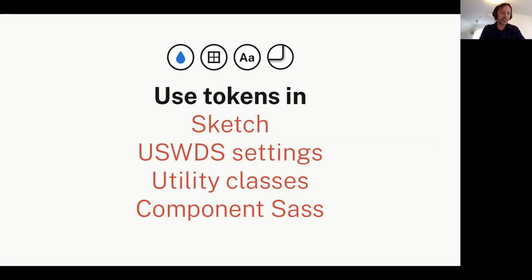You use them in utility classes, and you can use them in your final component Sass. And this can make more sense in practice, really, than in the abstract. So I'm going to try to show how tokens work in a project workflow using the tools that we use to build websites here.